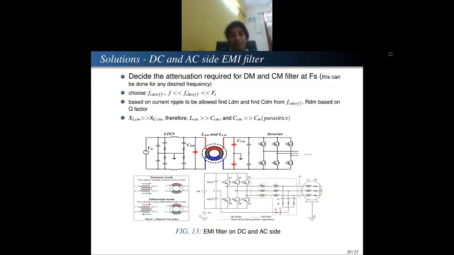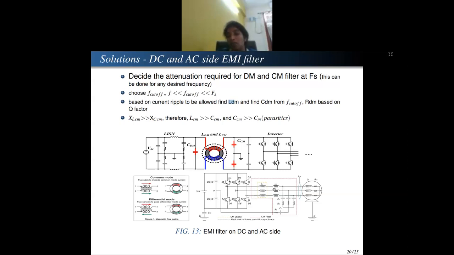Once you do that, first design your LDM. How do I design it? I have decided the F cutoff for my differential mode filter, and I have to design my LDM such that it allows a certain ripple to the line, because the inductor will decide how much ripple is in the current. How should I do it?